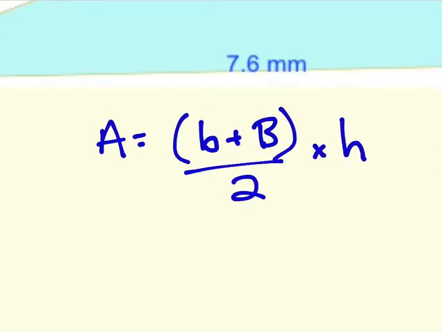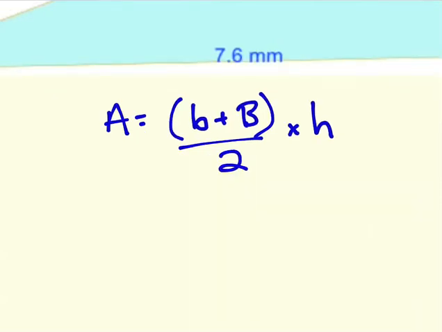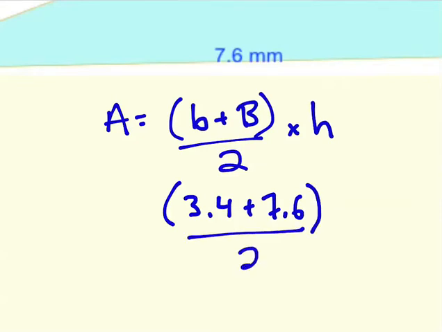All right, so the little base is 3.4 plus the big base, which is 7.6, and that's all being divided by 2 times the height, which is 2.9.